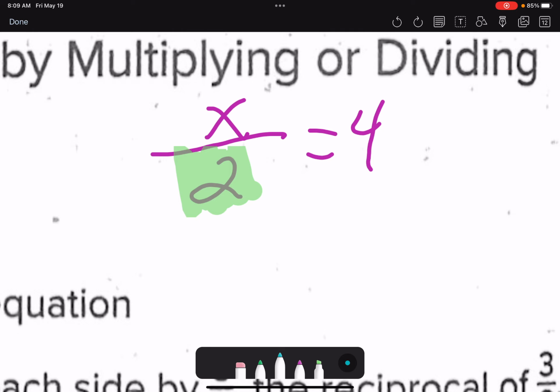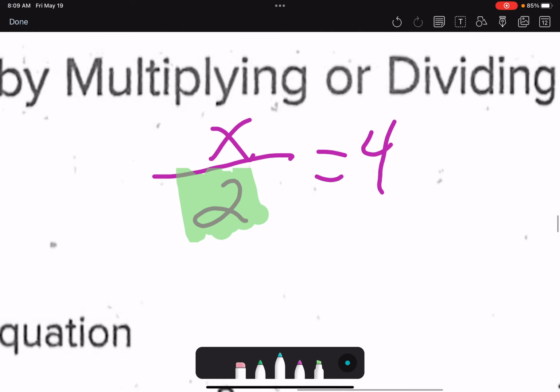And so in order to think about this, we now need to go ahead and do the opposite operation of that. Okay, so because this is dividing by 2, what's the opposite of dividing? Multiplying. So we are going to be multiplying both sides by 2. And what happens, and we'll discuss more about this if you're still confused, is that when I multiply both sides by 2, these eliminate.